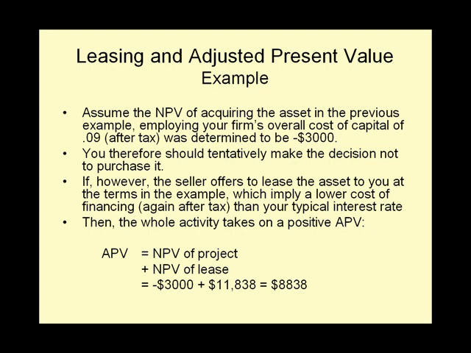In this example, favorable lease terms rescued a negative NPV investment project. Because the seller has essentially agreed to subsidize your acquisition of the asset, you're able to acquire the asset and still add value to your firm. So the correct decision is to proceed with the acquisition of the asset and to support that acquisition with lease financing.